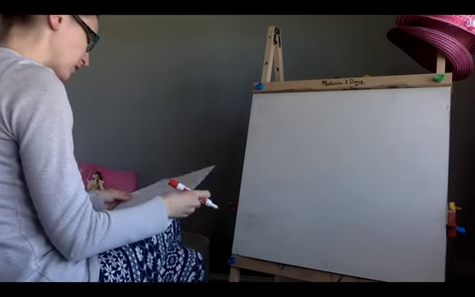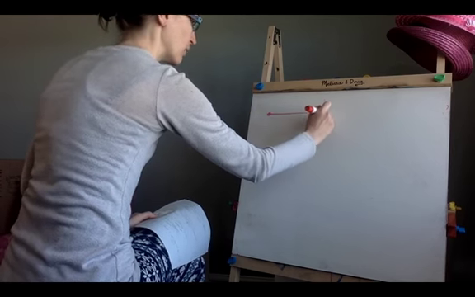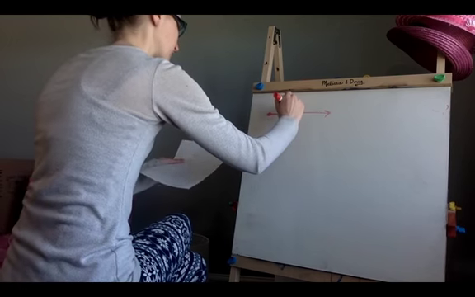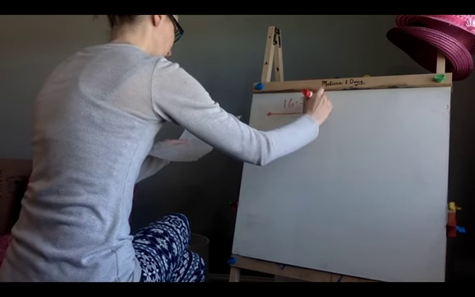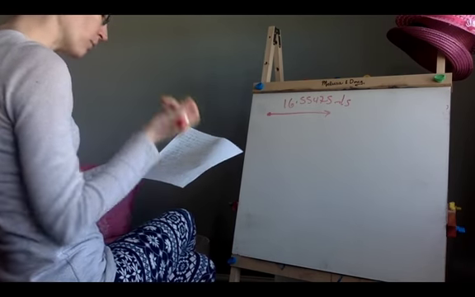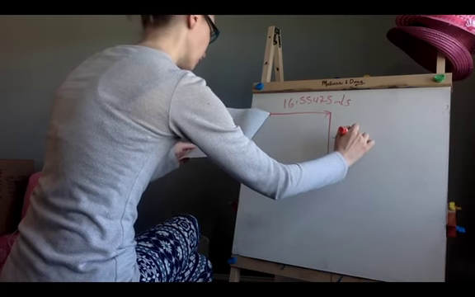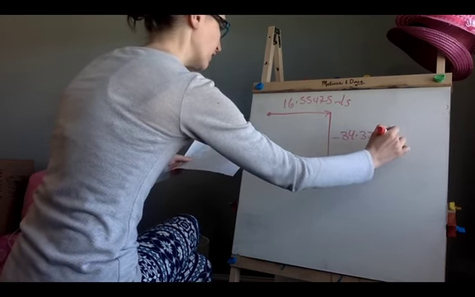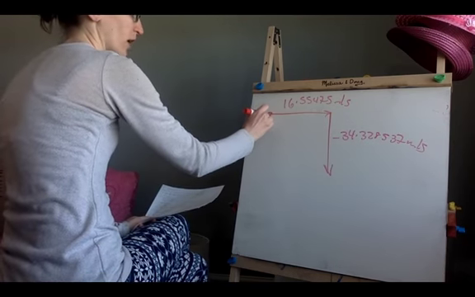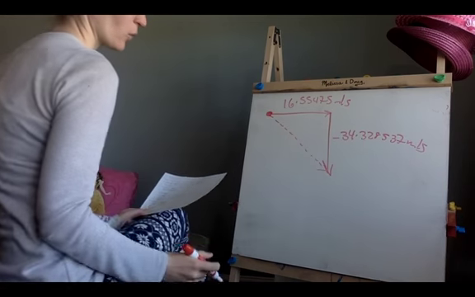We now create this wonderful little right triangle where we knew that the x component was in a positive direction and had a value of 16.55475 meters per second. And our y component was a negative value, negative 34.328537 meters per second. So our third fragment, if this is where the explosion occurred, went this way.